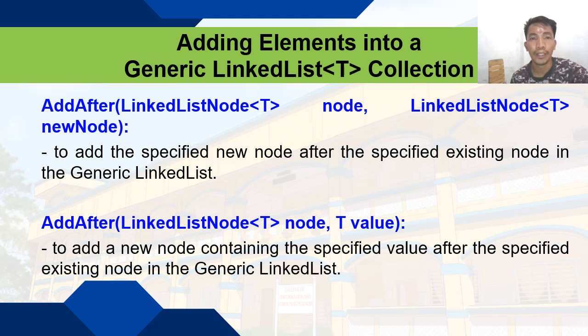The second one, AddAfter LinkedListNode T node, comma T value. This is used to add a new node containing a specified value after the specified existing node in the generic linked list.